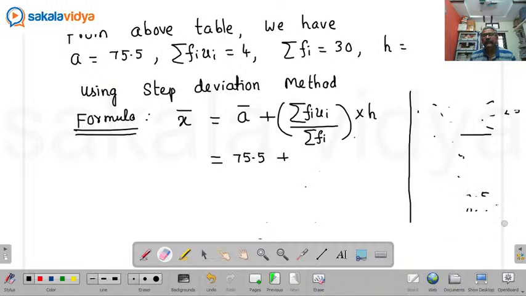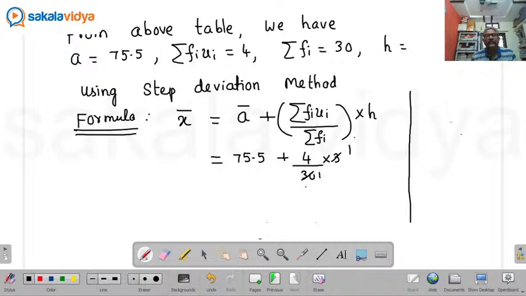One minute. The calculation plays a very important role in the statistics chapter. We should be very careful. No problem, so let us do it once again. This is 4 upon 30, multiplied by how much? Here h is 3. 3 times 10 is 30. It's very simple now.